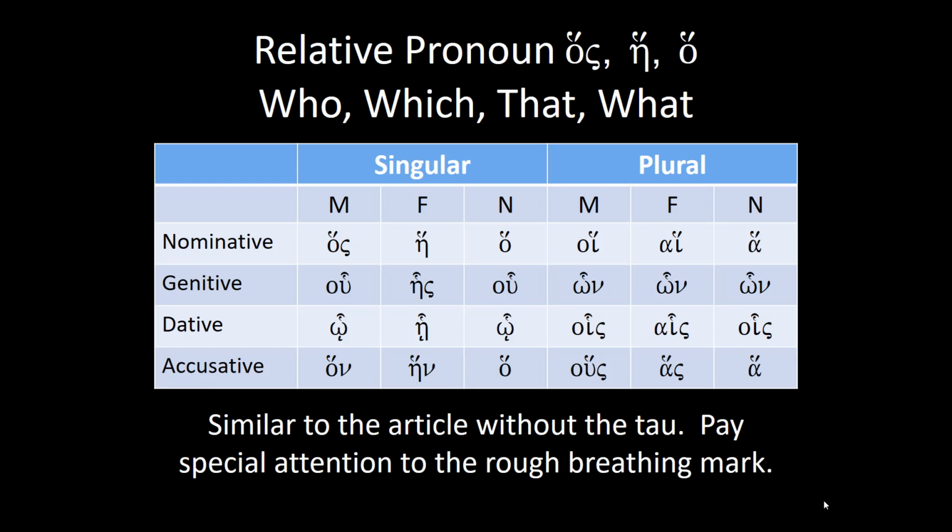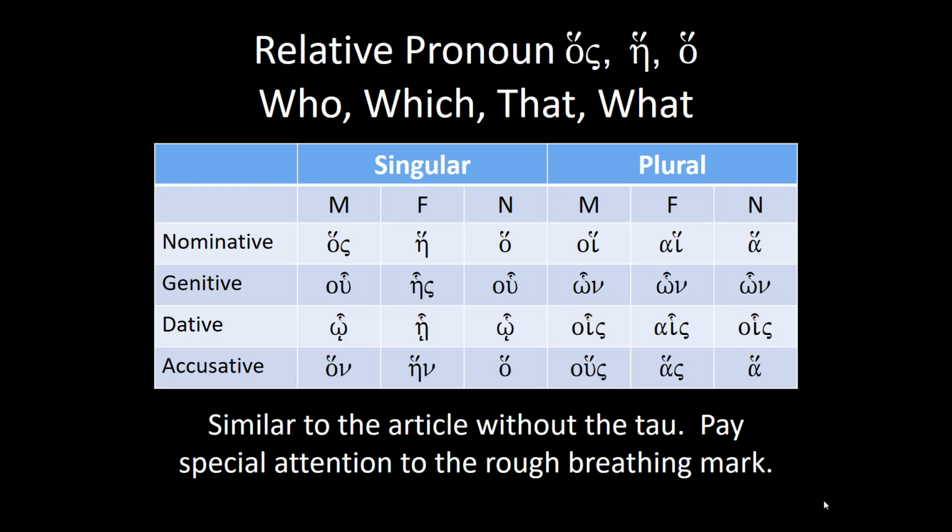The forms of this are very nice. It looks a whole lot like the article. You don't have the tau in front. And then what you do have all throughout this entire paradigm is that rough breathing mark. Hos, hē, ho, hon, hoi, hōn, hois, hous. Can't you hear the article back there? Very similar.